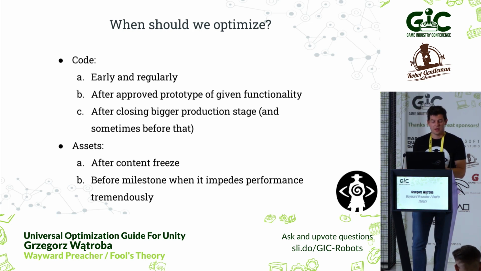After closing a bigger production stage also, and when it's required because we have some performance drops, and we have to give this version to, for example, a publisher, then sometimes we have to optimize it before a given stage is closed. When we want to optimize the assets, well, this is a problematic thing, and most of the time it's better to optimize it after content freeze, so much later in production.